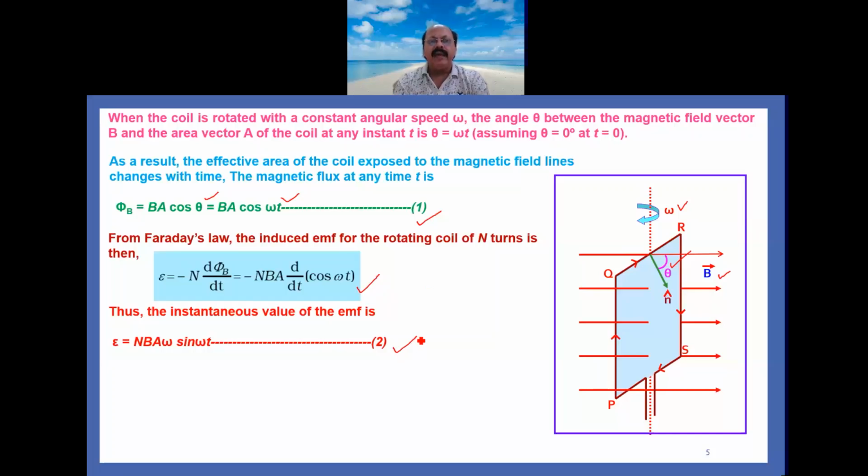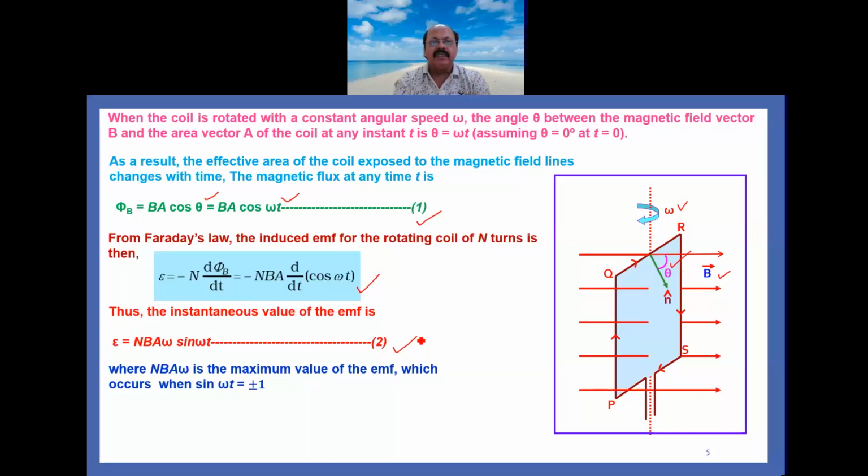Now E will be maximum when sin omega t equal to plus or minus 1. Then NBA omega is the maximum induced EMF. We can say that NBA omega is the maximum value of EMF, which occurs when sin omega t equal to plus or minus 1.